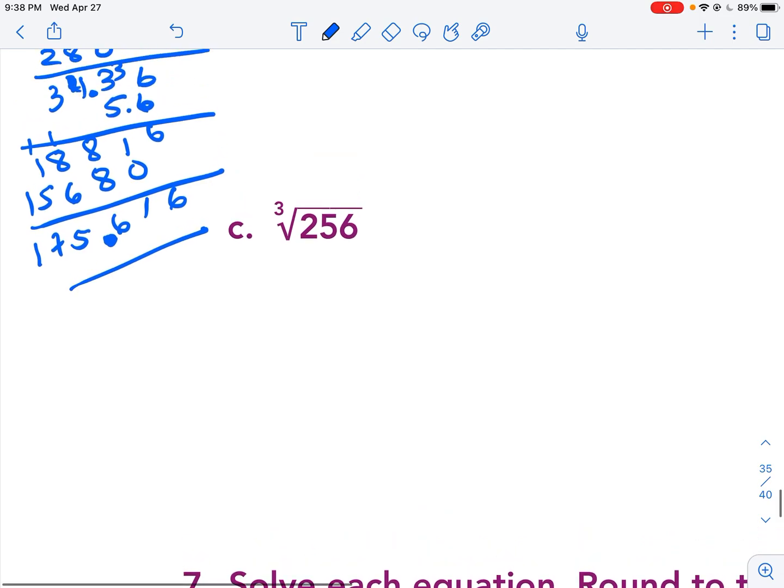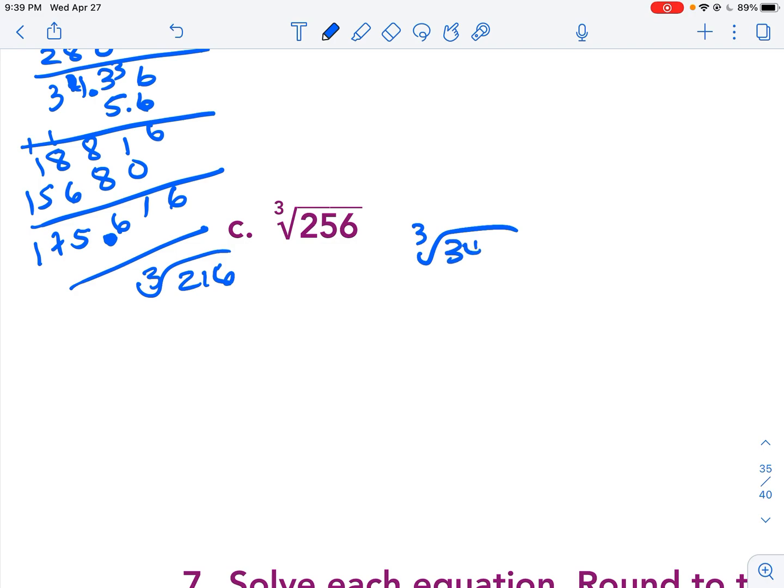And last but not least on this part, this is going to be between the cubed root of 216 and the cubed root of 343. And from here to here, it's 40 away. From here to here, it's... Actually, I don't know. 7.